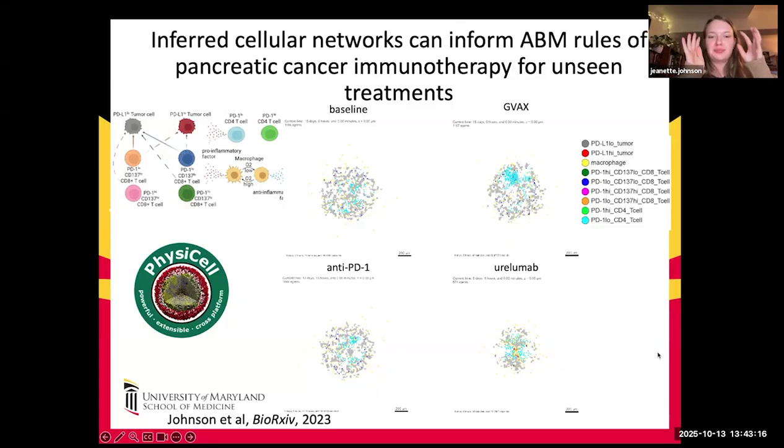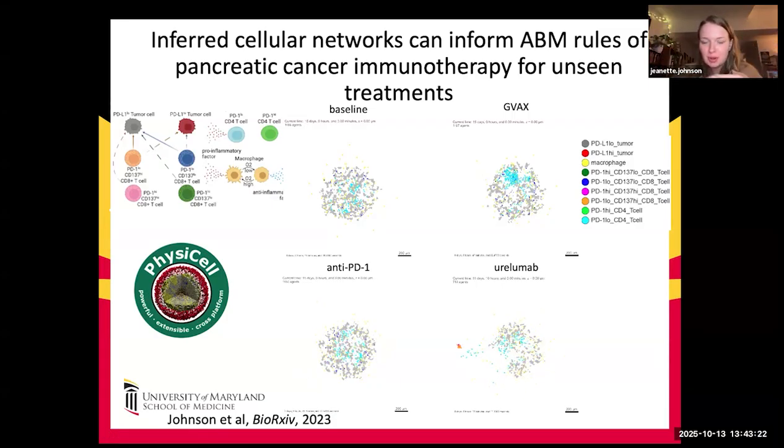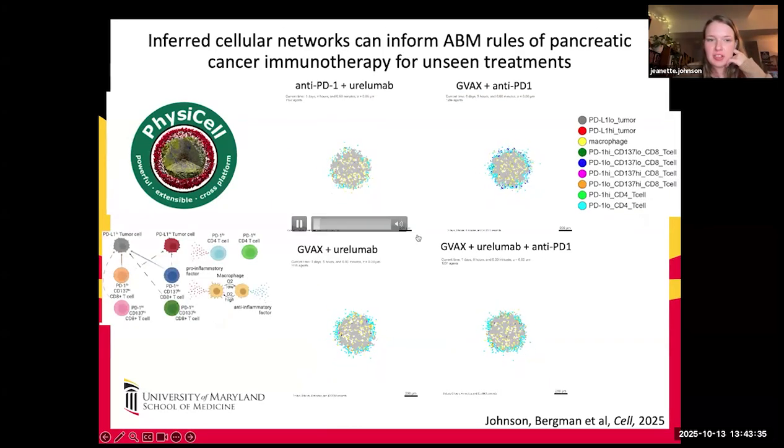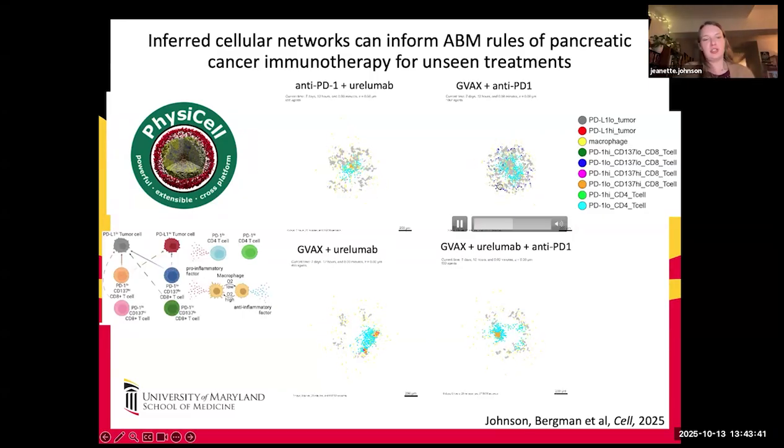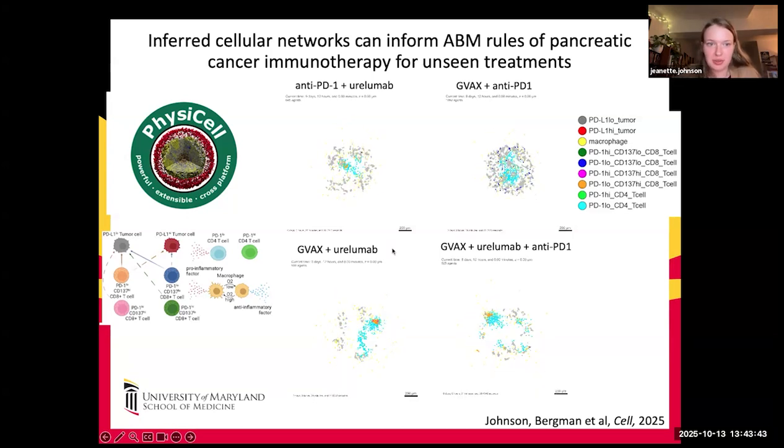So this was my proof of concept for this model. And I saw that none of these alone effectively eliminated this simulated tumor. So then these are the double and triple combination therapy simulations for that same tissue.